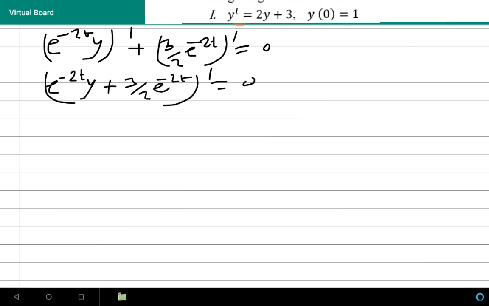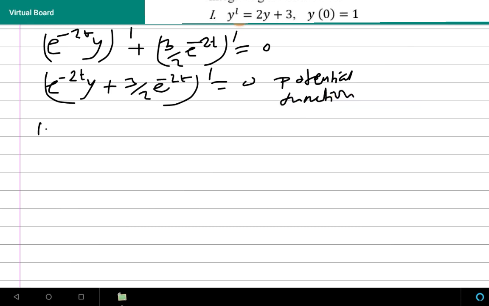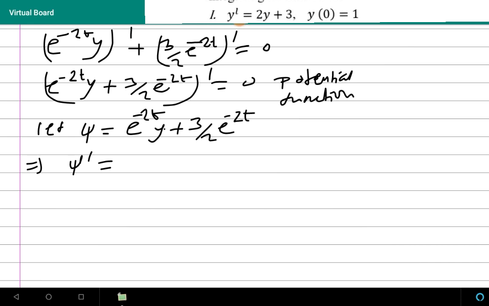this becomes the potential function. So now let this be equal to e^(-2t) y plus 3 over 2 e^(-2t), implying that this prime will be equal to 0.